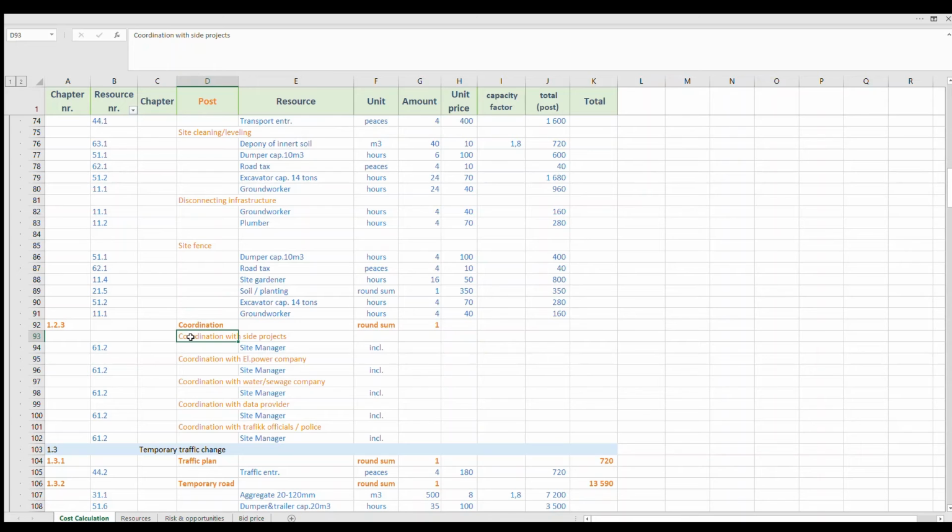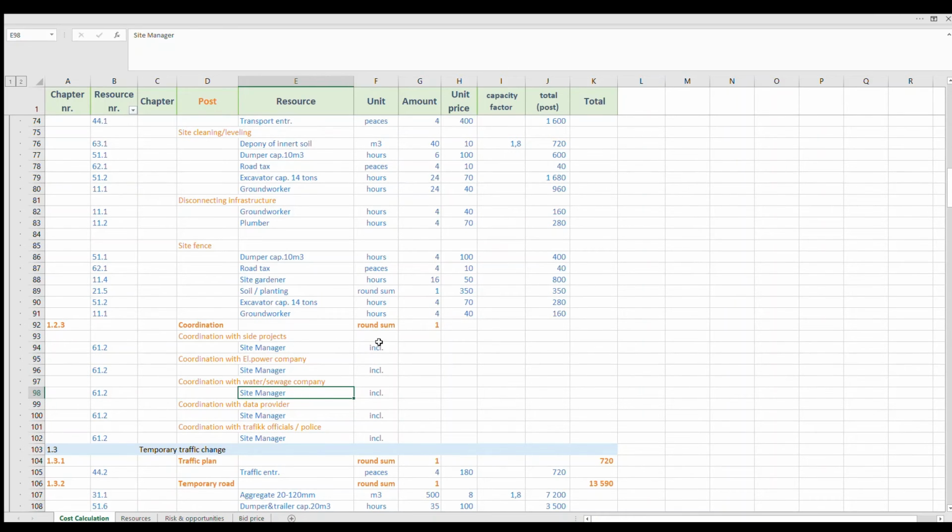As for coordination, it can actually be very complicated in some projects. If we have side projects, or an electric power company with some little stuff and lines, we have to excavate nearby. Also with water and sewage, data provider and traffic officials, maybe police.